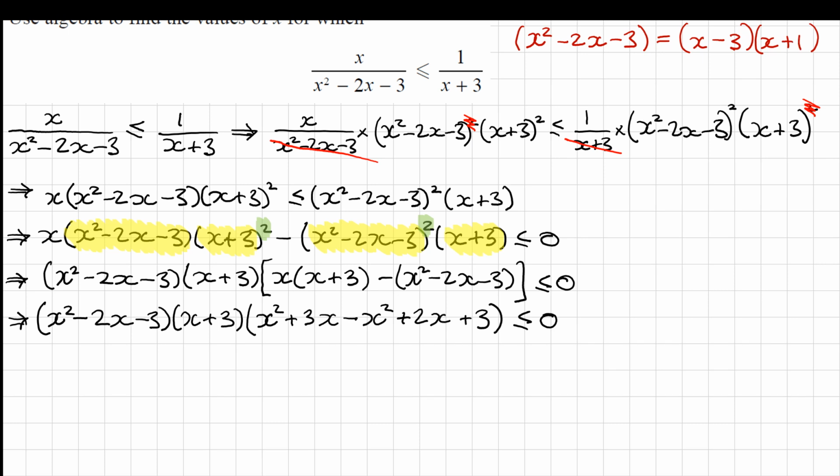So I'm now going to factorize and then simplify what I've got in the bracket here. So now I have x minus 3, minus 3, x plus 1, that's from the quadratic, then the x plus 3, which was there before. Now what happens in the bracket here?